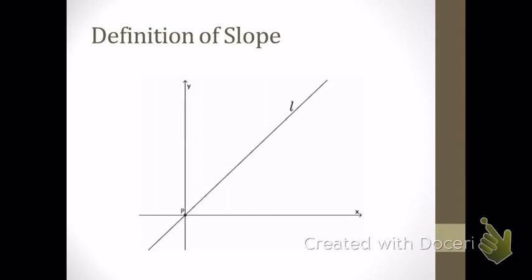So we know that this particular line that you're seeing in front of you is going to have a positive slope because, as I move from left to right, it's rising. So it rises, so it's an uphill slope. We're going to give that a positive number. But we want to be able to give it not just positive and negative, but an actual value.